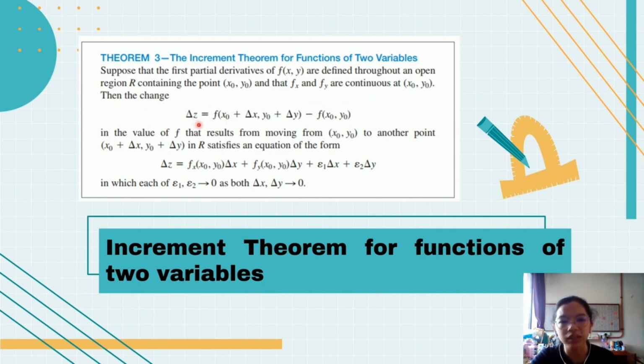Then the change Δz = f(x0 + Δx, y0 + Δy) - f(x0, y0), in the value of f that results from moving from (x0, y0) to another point (x0 + Δx, y0 + Δy) in R, satisfies an equation of the form Δz = fx(x0, y0)Δx + fy(x0, y0)Δy + ε1Δx + ε2Δy, in which each of ε1, ε2 approaches 0 as both Δx, Δy approach 0.